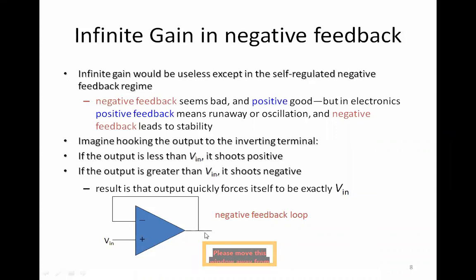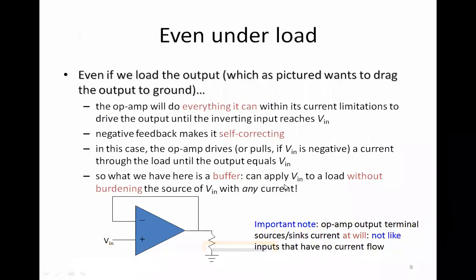Okay. So now let us put a small load across. The load can be a resistor, or it can be anything. It can be an LED. So just put a small load and we will check what the properties are.